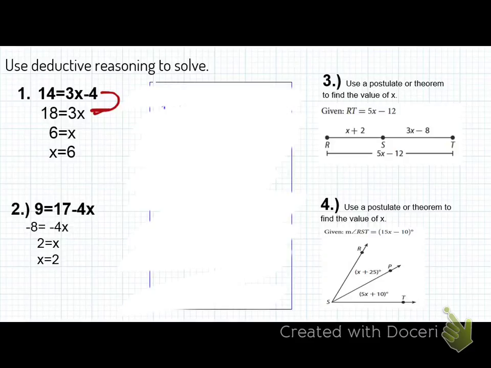And then what did I do to both sides here? Good. What property did I use just now? Addition property. Oh, okay, cool. They're tied at halftime. And then what did I do to both sides here? You flip it. What property is that? It's one of the new ones.